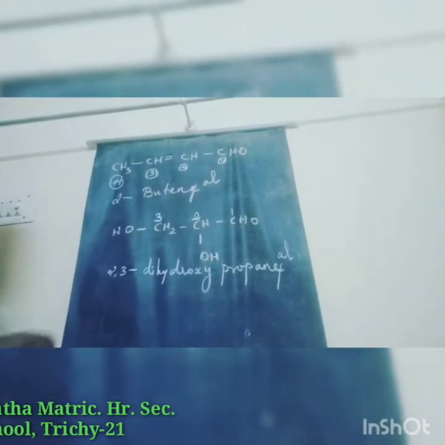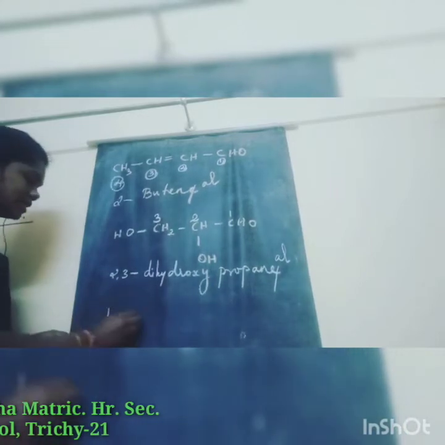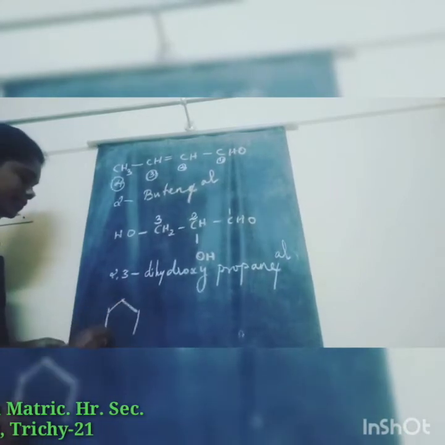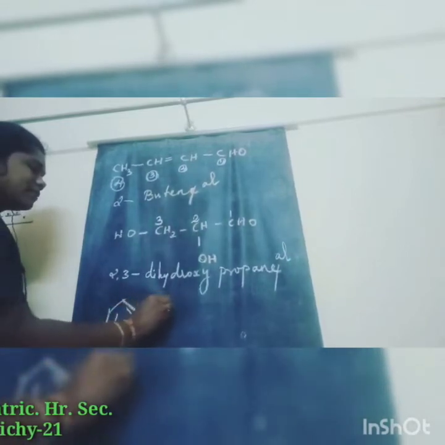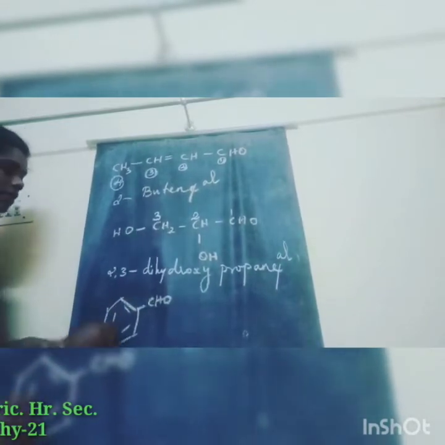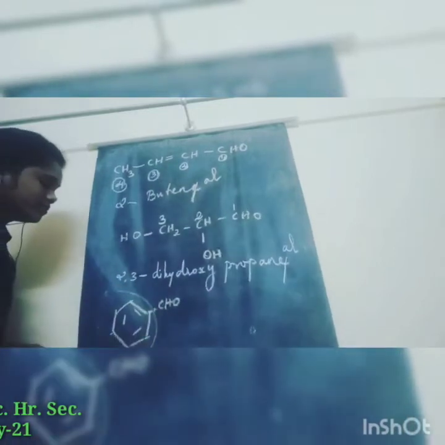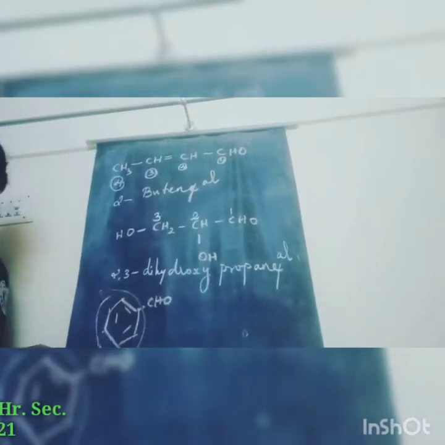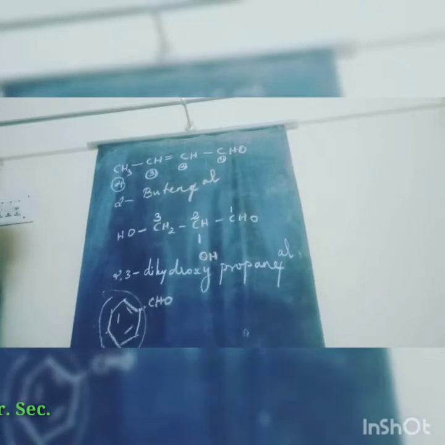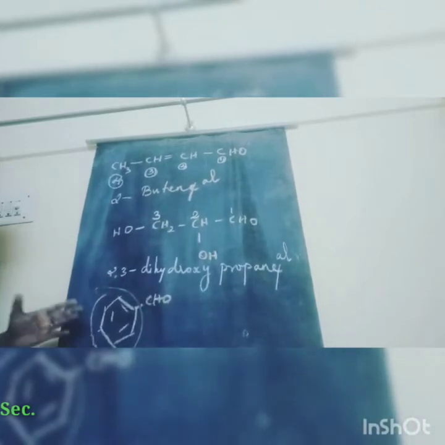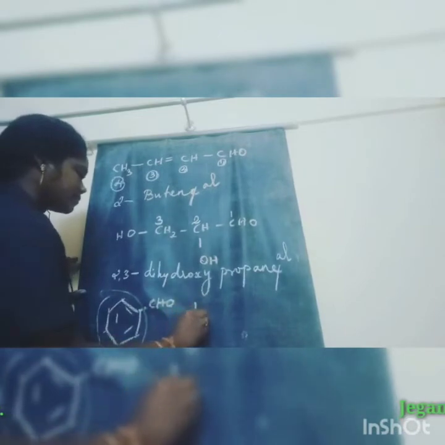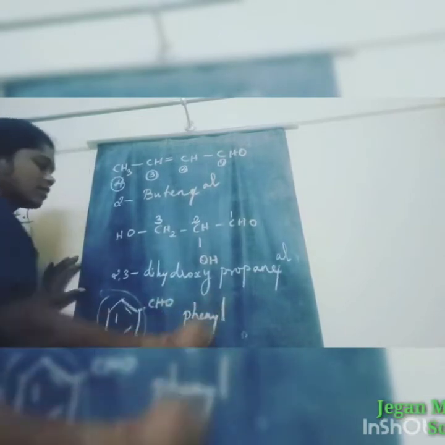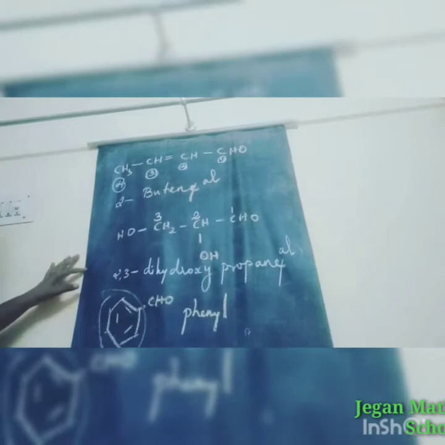And the next one, benzaldehyde. The benzaldehyde formula is a benzene ring with CHO present. This group is the phenyl group, which is a prefix, with a position number. So I write phenyl. And the next one is CHO.